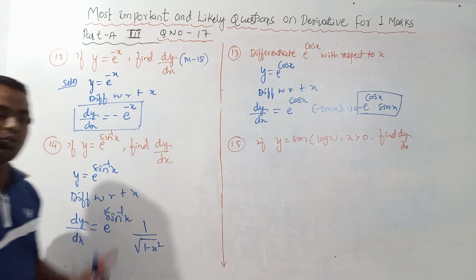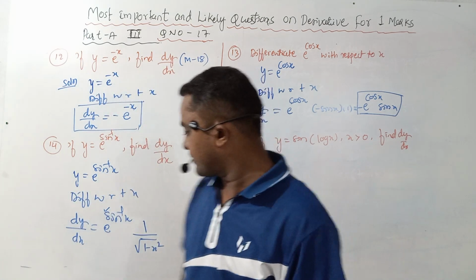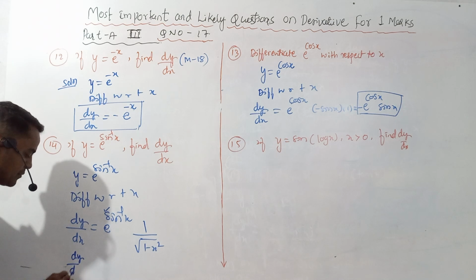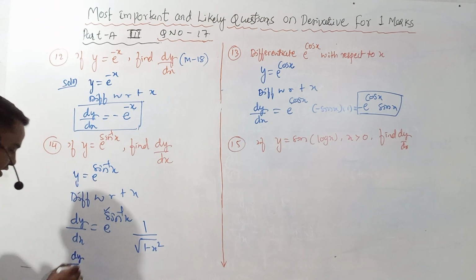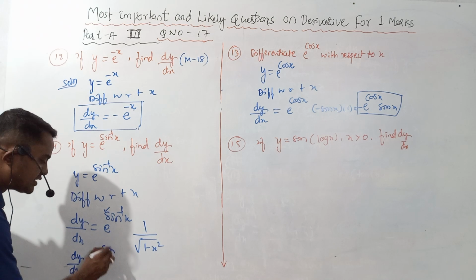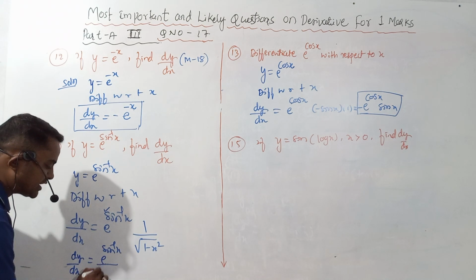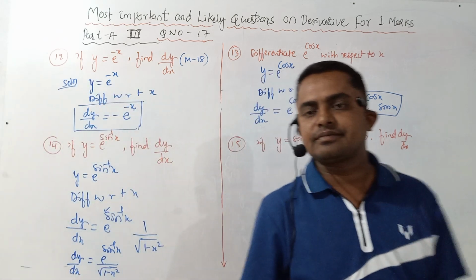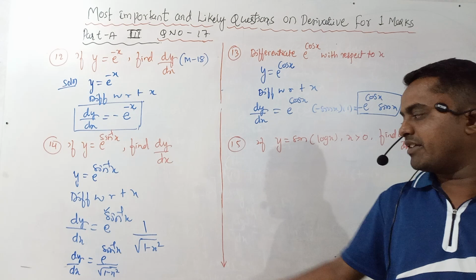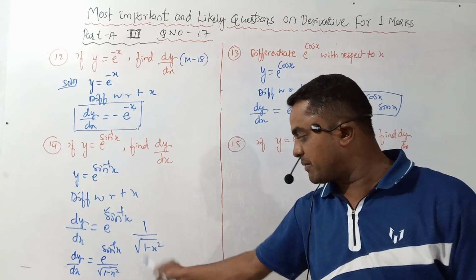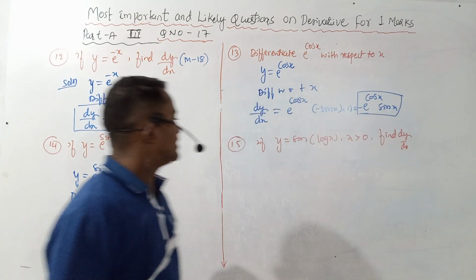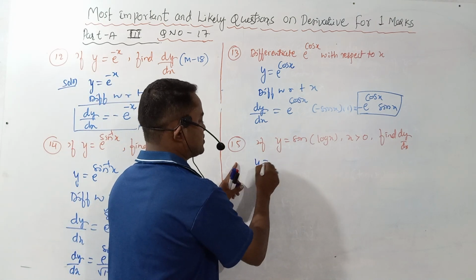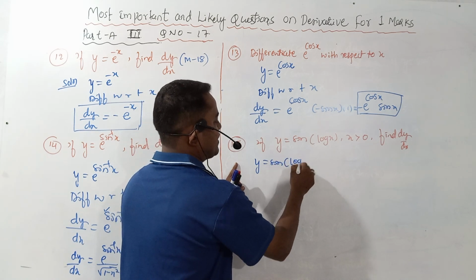Then the last step: dy by dx is equal to e raised to sin inverse x into 1, divided by root of 1 minus x square. This is the final answer: dy by dx is equal to e raised to sin inverse x divided by root of 1 minus x square.